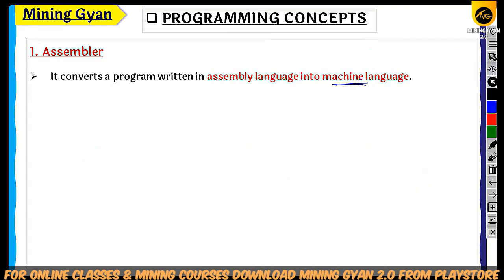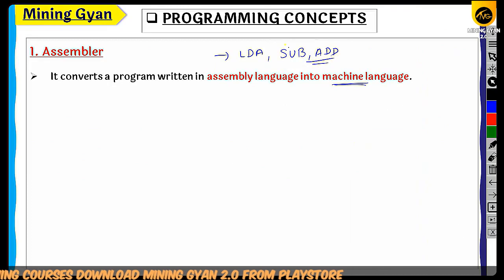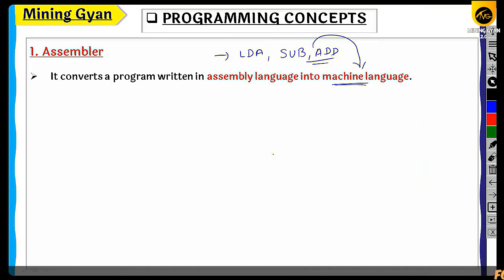I have already mentioned some codes like LDA for loading, sub for subtraction, add for addition. These are assembly language codes. They can be converted into machine language, which will be in the form of 0 and 1. That will be the machine language coding.